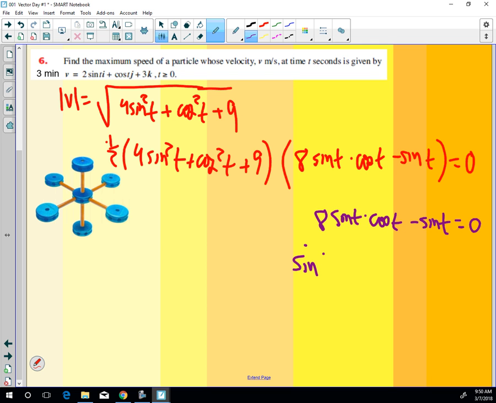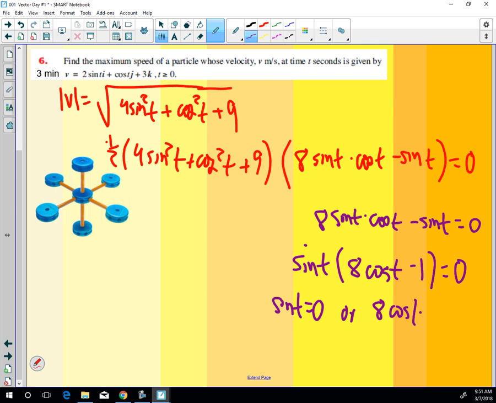Take out a sine t, and you're going to get 8 cosine t minus 1 equals 0. So sine t could be equal to 0, or 8 cosine t minus 1 equals 0, which I think is just going to be cosine t equal 1/8.